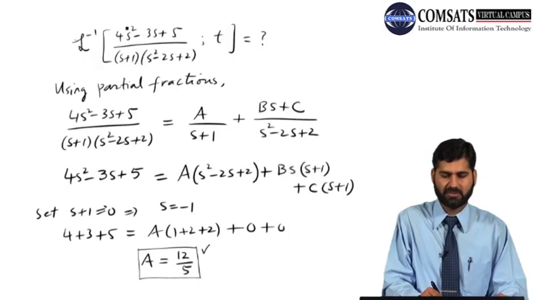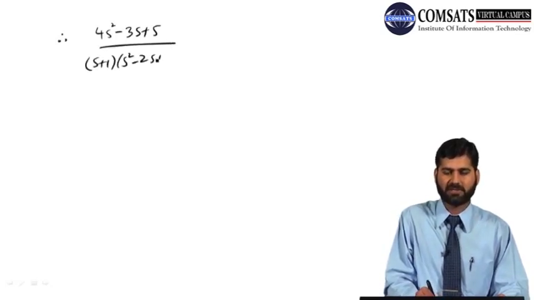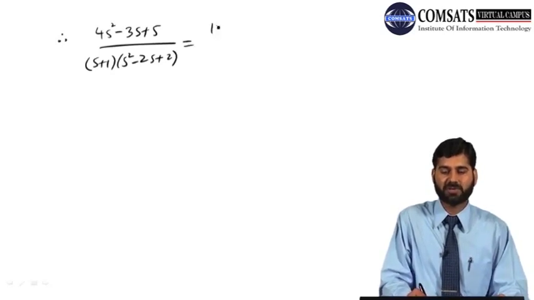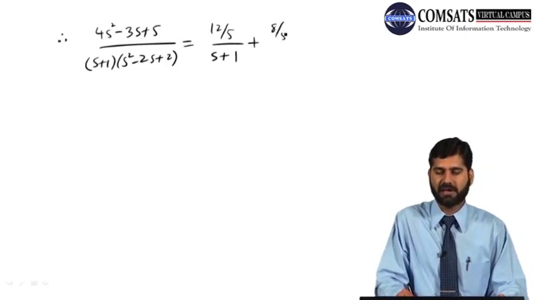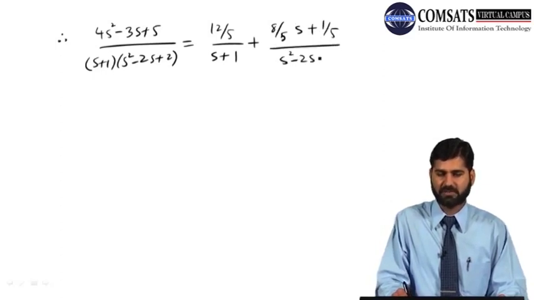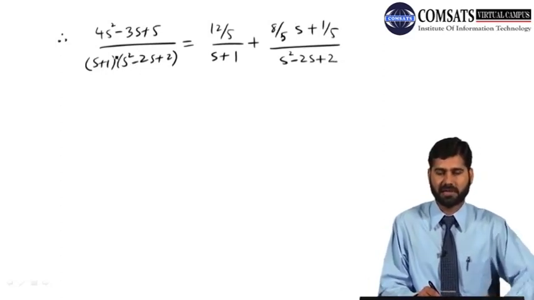So therefore, your given expression (4s square minus 3s plus 5) over (s plus 1)(s square minus 2s plus 2) becomes A over s plus 1, so it becomes 12 by 5 over s plus 1, plus B is 8 by 5 times s plus C is 1 by 5 over s square minus 2s plus 2. All right. So now I need to take the Laplace inverse.